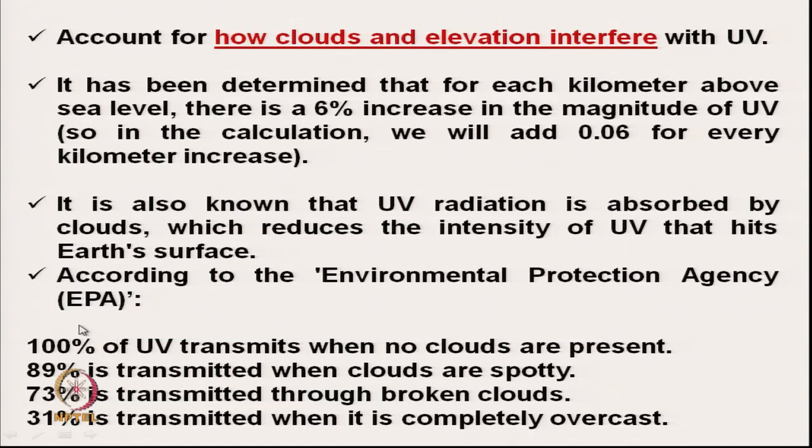So, according to EPA, which is Environmental Protection Agency, they have specified that 100% UV transmission is there when there is no cloud, 89% is transmitted when there is a spotty cloud, 73% transmitted with broken cloud, and with a completely overcast sky there is 31% transmission. So, this transmission level we have to consider based on the type of clouds.